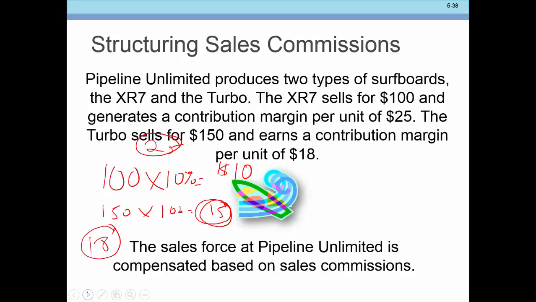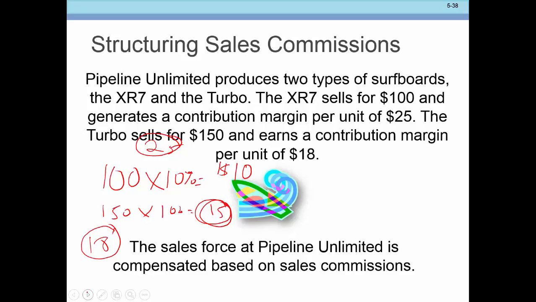Now, if you're the salesperson, you want to sell this one for 150, and I was just making up in this example a 10% sales commission. You want to sell this one because for every surfboard you sell, you get $15 of commission. Here, for every surfboard you sell, you only get $10, right? Meanwhile, I would be getting a higher contribution towards the company if I sold the cheaper one, wouldn't I?